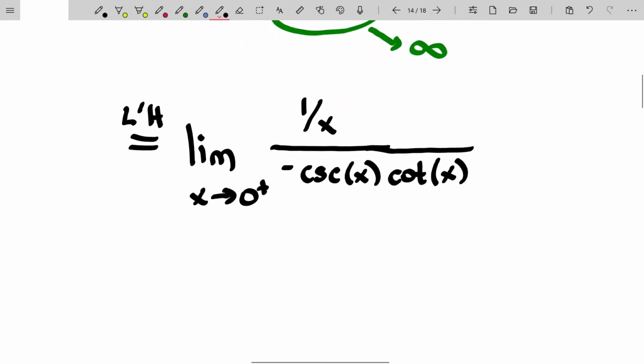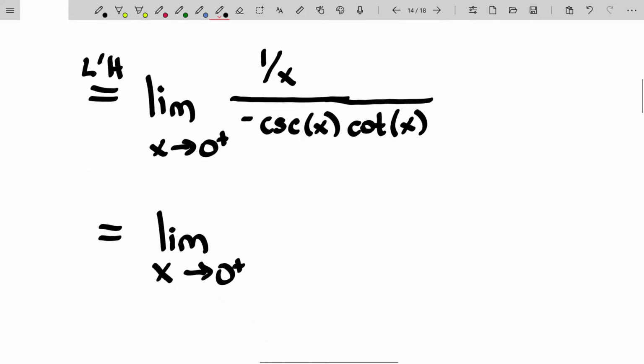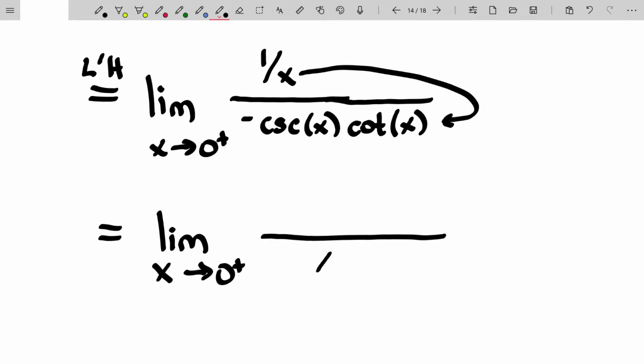The algebra I'm going to do is just a slight manipulation. I'll give you a reason for this right now. I don't want to take a derivative of quotients if I don't have to. So what I'm going to do is park this x in the denominator, and maybe I'll throw the negative out front so that we get things cleaned up a little bit.